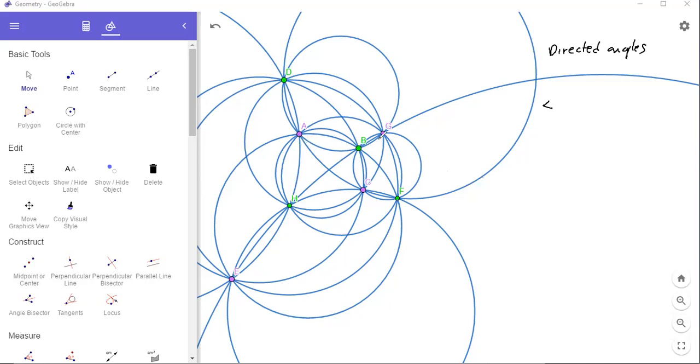What we have now is, we're going to try to prove something. Look at angle ABC, looking at it in a particular direction. I prefer the counterclockwise direction.